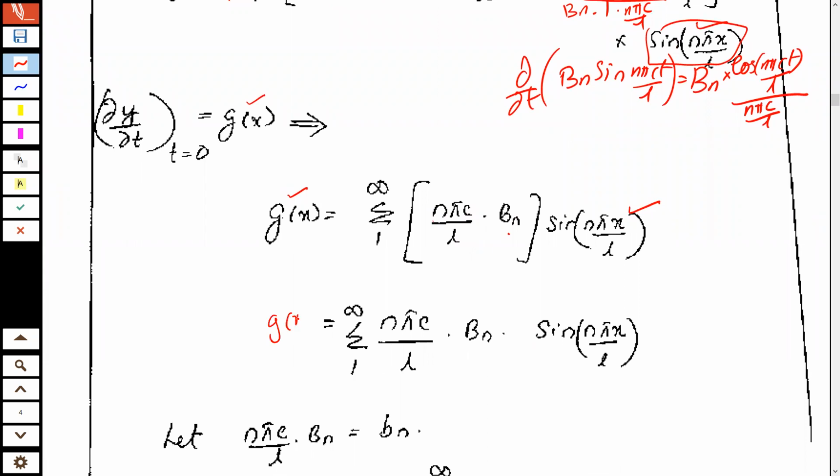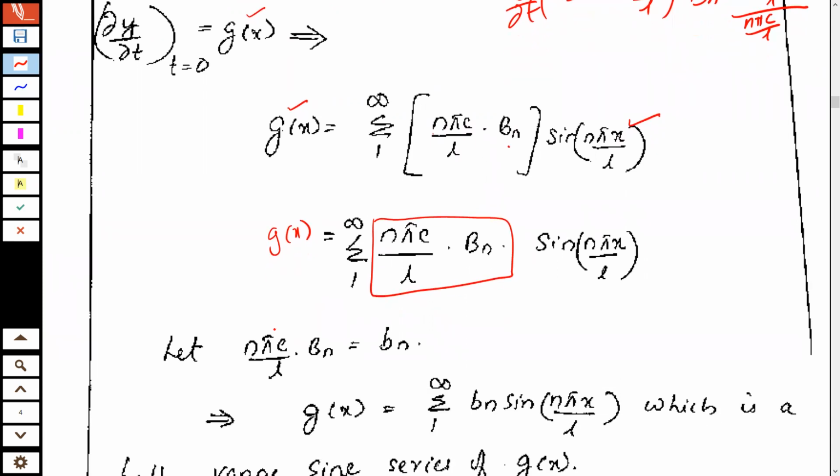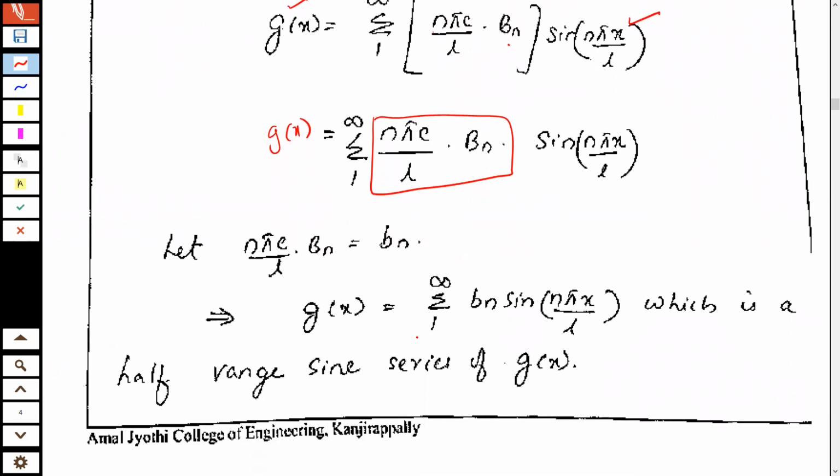Now we can see that the right hand side is the Fourier series expression of the function g of x, where this term, if I call it n pi c by L into capital Bn, and denote it as small bn, I can rewrite the summation as g of x is equal to sigma n equal to 1 to infinity bn sin n pi x by L. This is the half-range Fourier sine series of g of x.